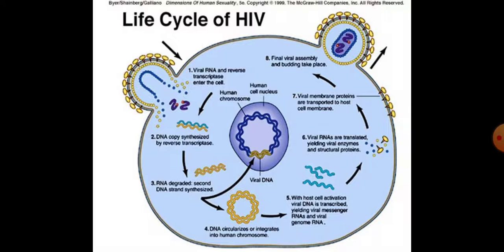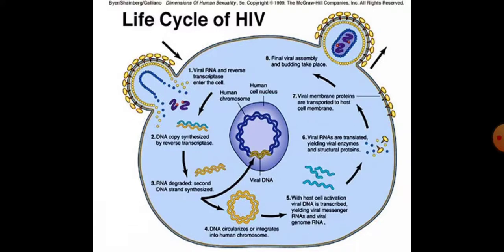Now after becoming double-stranded, it enters into the nucleus of the host cell and it becomes a part of the host genome. The process is called integration, and the action is catalyzed by the enzyme integrase from HIV. After integration, the viral DNA is now called provirus.